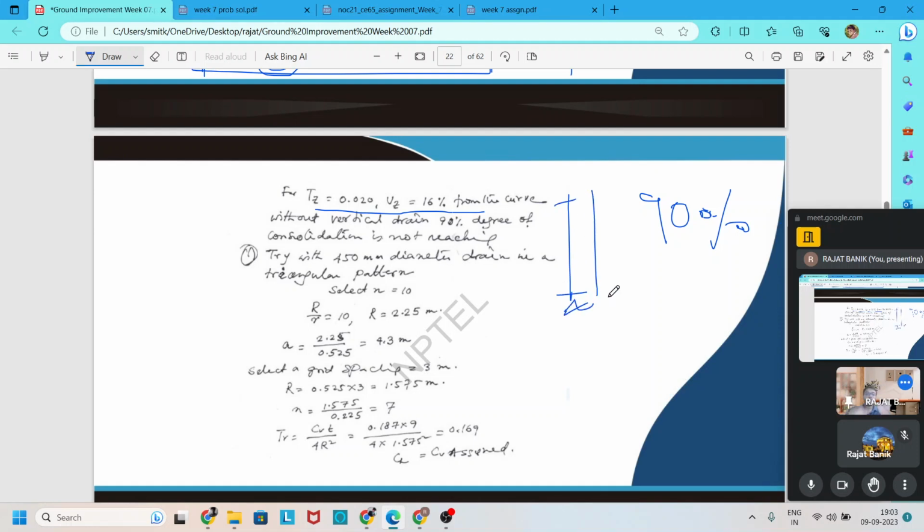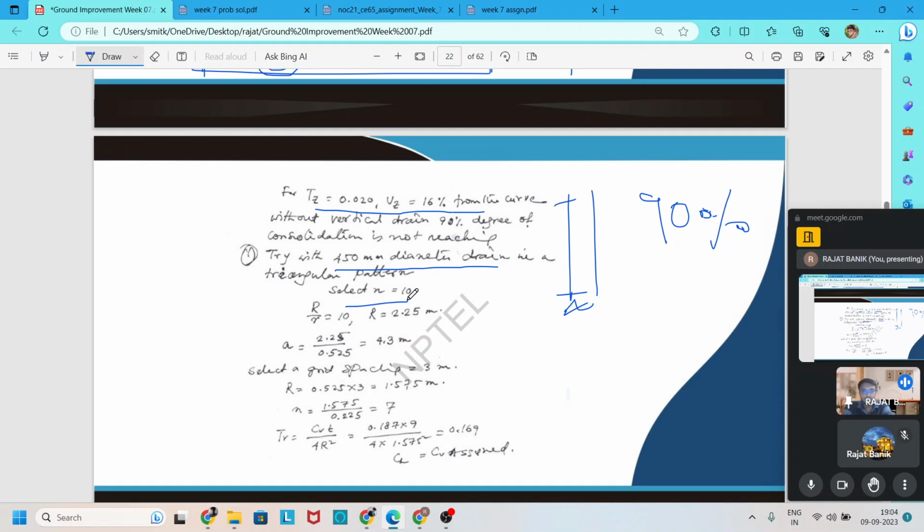So now we apply a trial and error method to find out the diameter and spacing of this sand drain. First we try with a 450 mm diameter of sand drain, and also select n. n is equal to the ratio of the radius of influence of this sand drain divided by the radius of the sand drain.